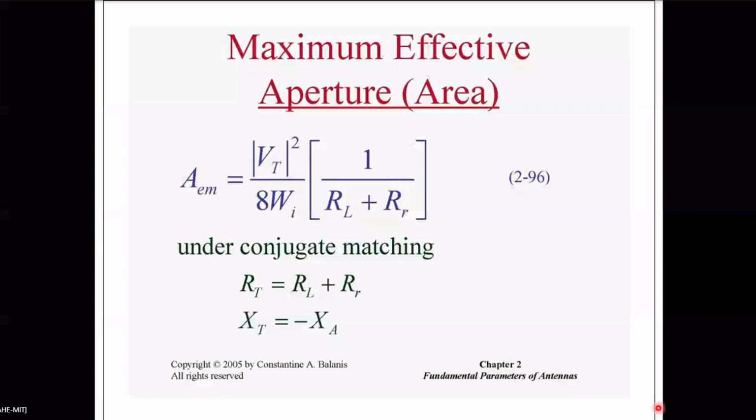So this is AEM under conjugate matching, the maximum effective area. Effective area is PT by WI. Maximum effective area is PT max by WI.